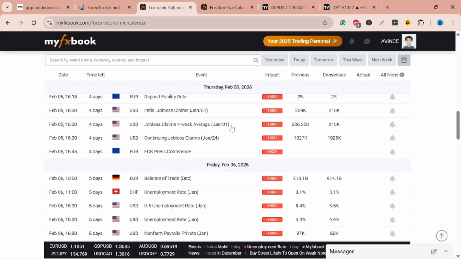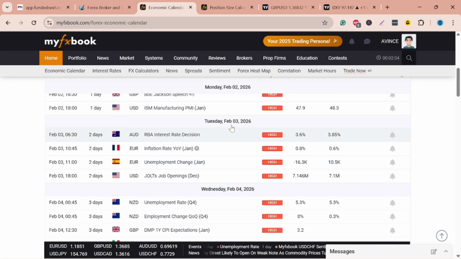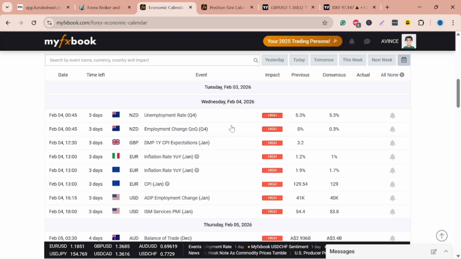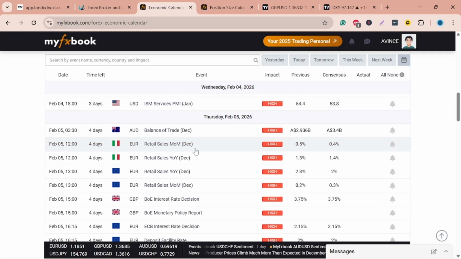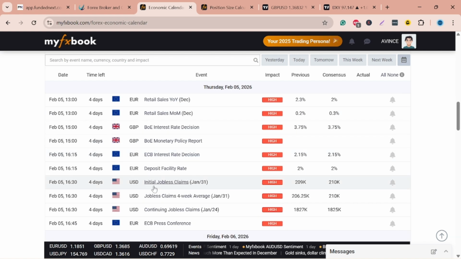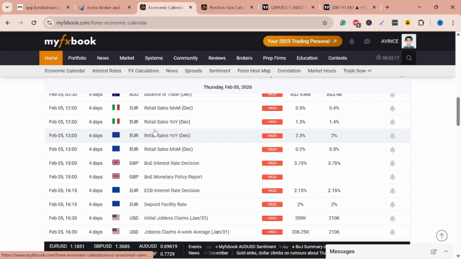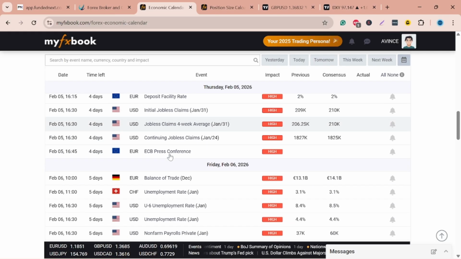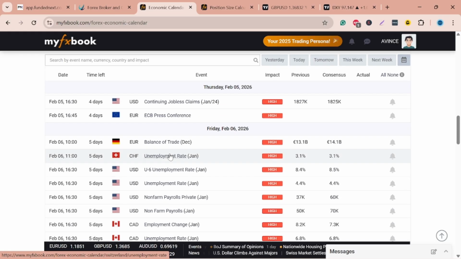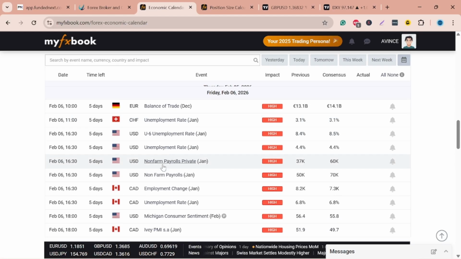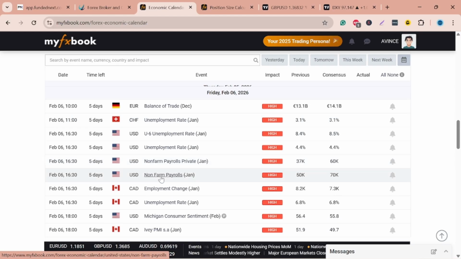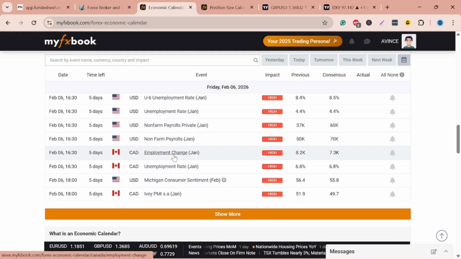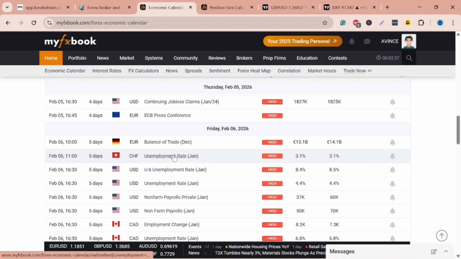On Wednesday we're going to have CPI, the Euro CPI, and on Thursday we also have a couple of news items that will be affecting the euro, GBP, and USD pairs. Friday is the hallmark of the week, because we're going to have the first NFP of the year 2026. Non-farm payroll is a very high impact news.